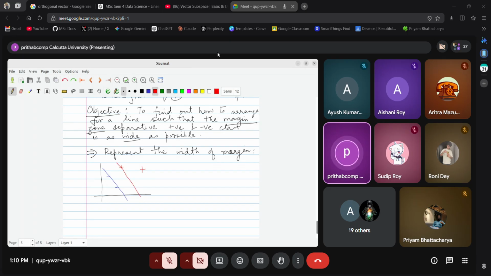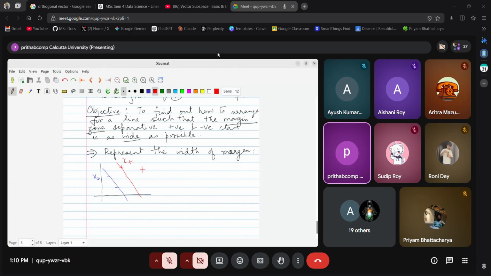The drawing is not good, forget it. Let's choose one sample x minus, and let us choose this as x plus, which belong to two different classes.